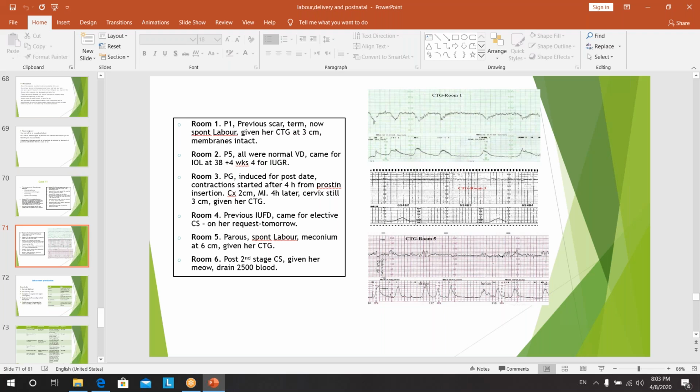And then the ST2 can also join them and take the consent for the re-exploration and explain to the patient and the attendants. And then the routine cases can wait till the other cases are dealt with. And then the other 2 cases I'm concerned about are room 1 and room 3. So this is my impression.